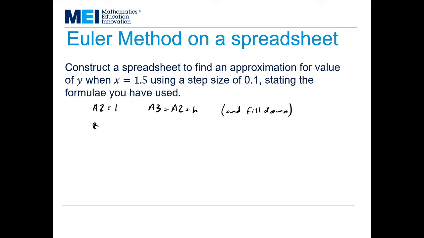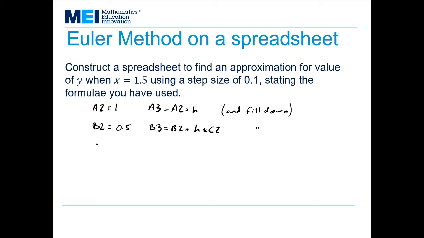Then for my second column, B2, I put in the value 0.5 for my first value. And then B3, I put in B2 plus h times C2, and I've used the asterisk to represent my multiplication in my spreadsheet.